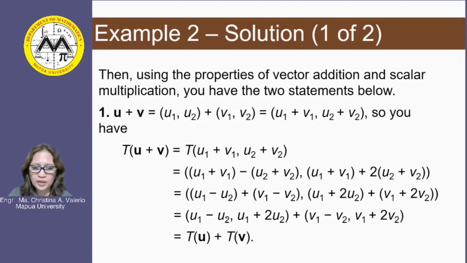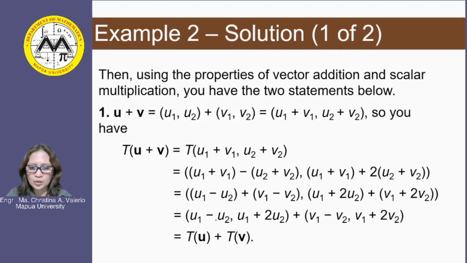So you have u1 minus u2 in the first component, and the second component being u1 plus 2 u2, and then plus v sub 1 minus v sub 2 as the first component for v, and then v1 plus 2 v2 as the second component for the transformation.